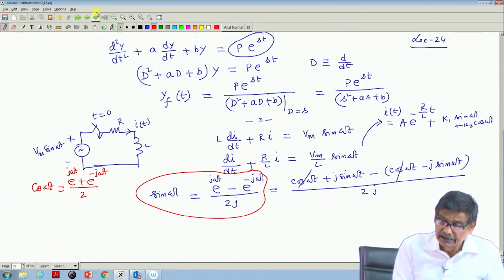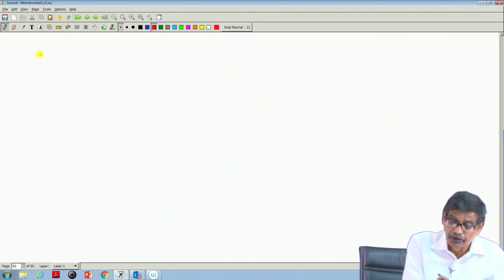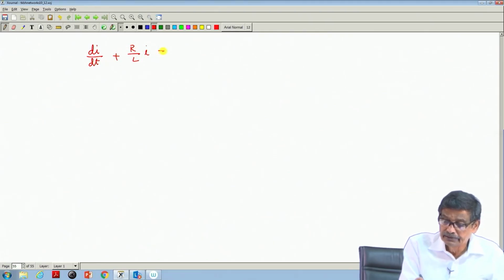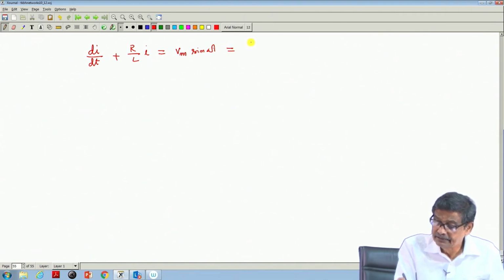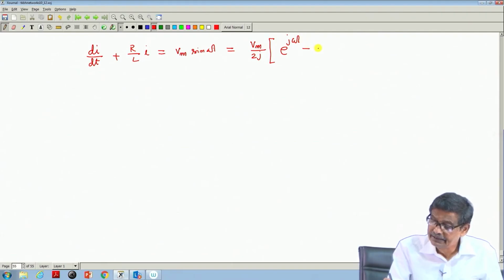Therefore, in this problem, the differential equation was dI/dt plus R by L into I is equal to V max sin omega t, but I will now write it as V m by 2j into e to the power j omega t minus e to the power minus j omega t.